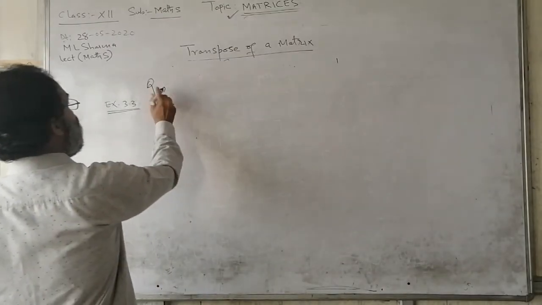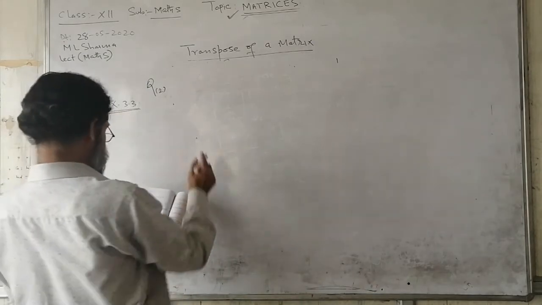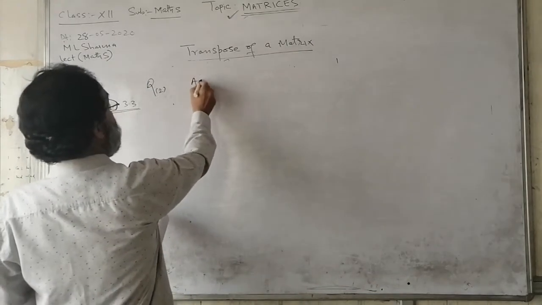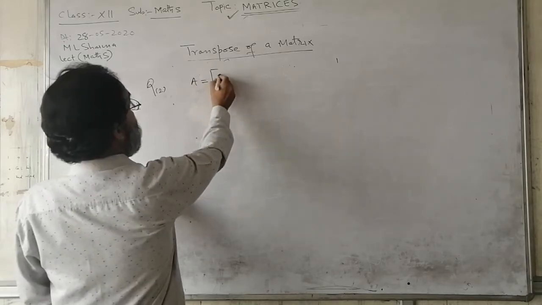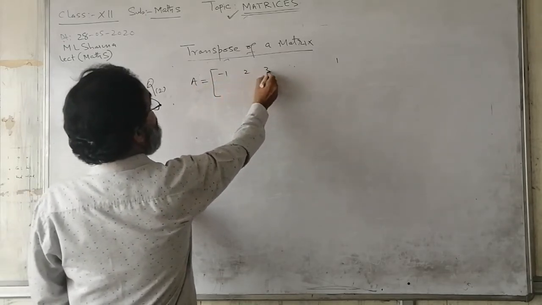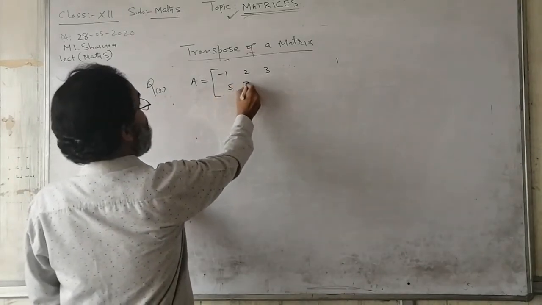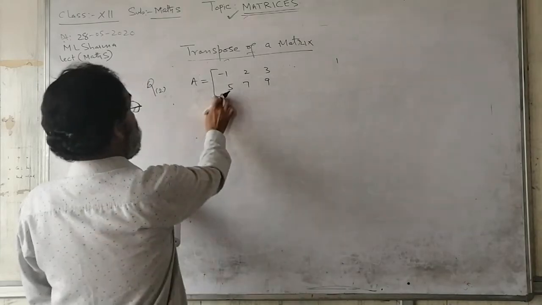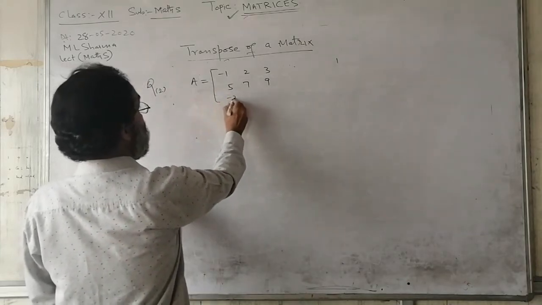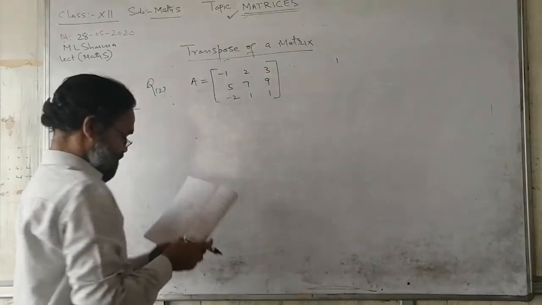Question number 2 of this exercise says: matrix A, its elements are minus 1, 2, 3, 5, 7, 9 and minus 2, 1, 1. A 3 by 3 matrix.